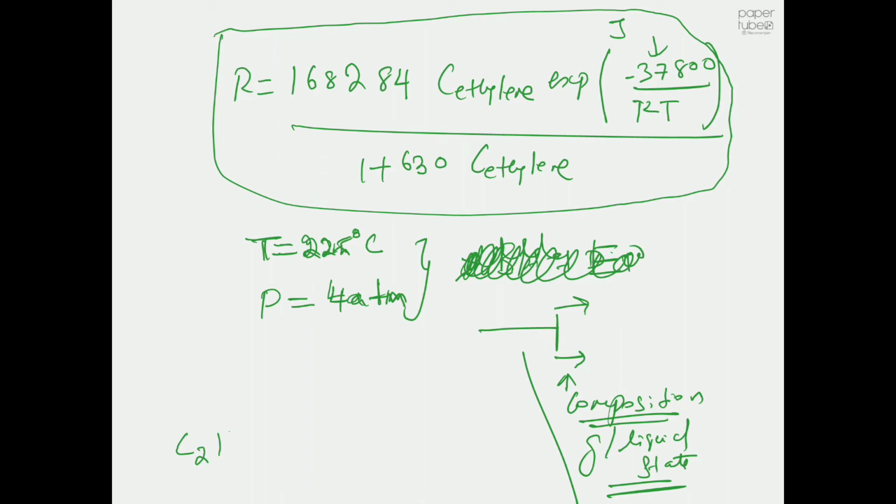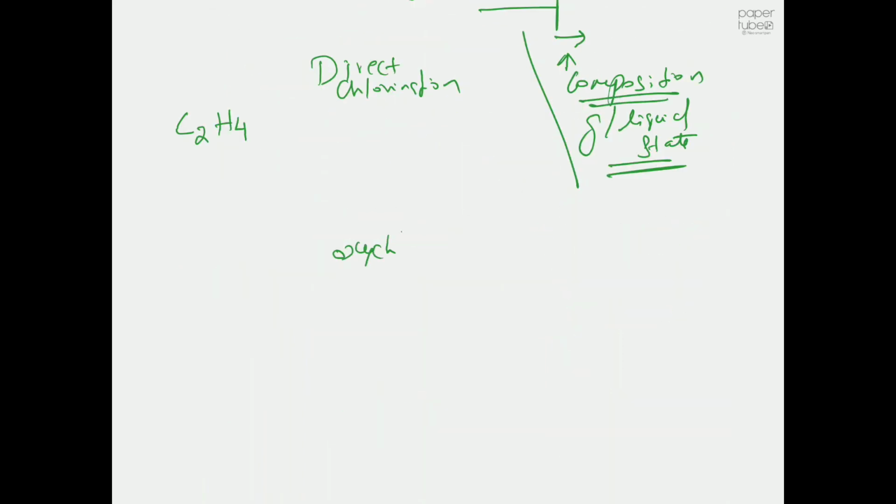We have ethylene, that's our reactant, and ethylene is the reactant in both your direct chlorination and also in oxychlorination. So we can take one stream and split it into two.